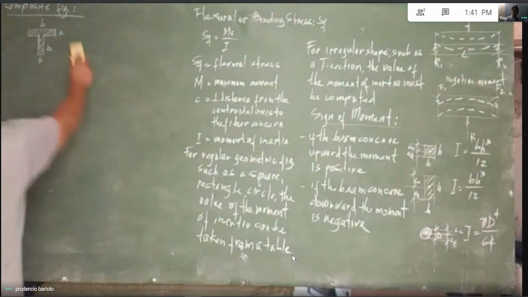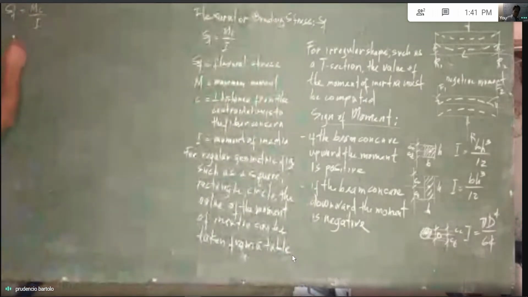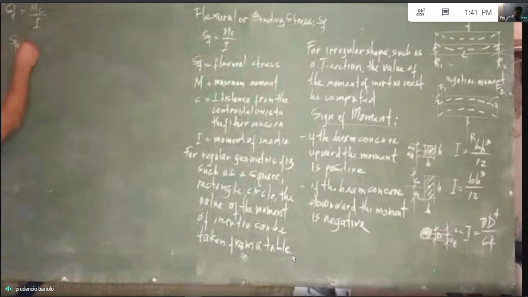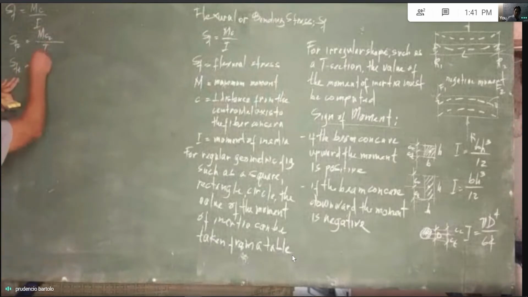So from the general form of the equation, SF is equal to MC over I, we will be considering the flexural stress under compression, which is equal to M multiplied by C under compression over I, or SFT, that is the flexural stress under tension, is equal to MCT over I.